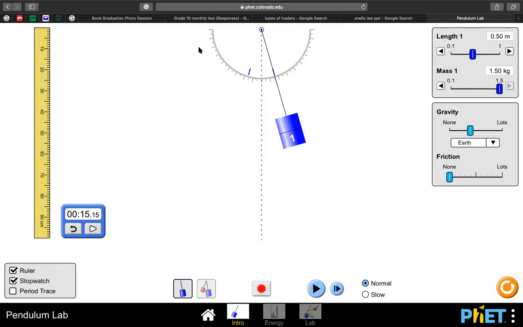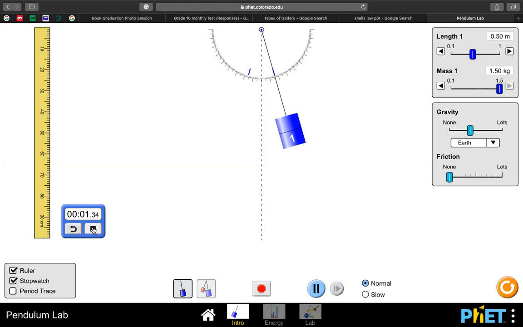All right. So it took 14 seconds, right? Remember when you did this at first? Yes, sir. All right. Let's try it again. So we're going to start when it reaches here, and then when it goes over here and comes back, we count 1. All right.